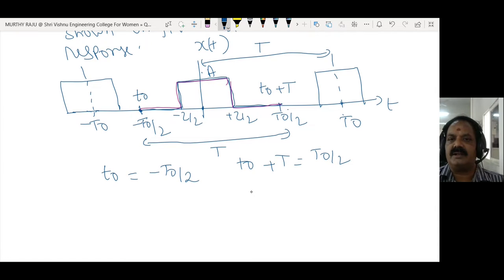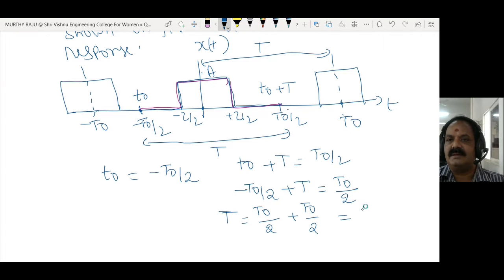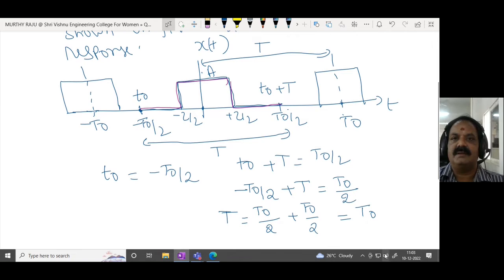Therefore, substitute t0: minus T0 by 2 plus T is equal to T0 by 2. Therefore, time period T is equal to T0 by 2 plus T0 by 2, that is T0. Time period of the waveform is T0.